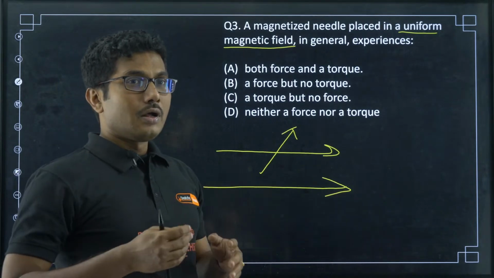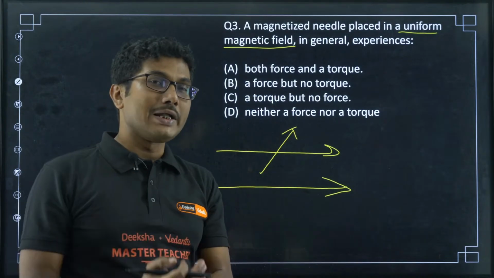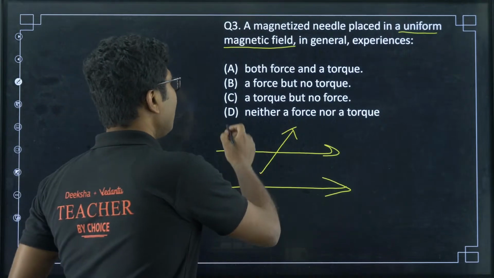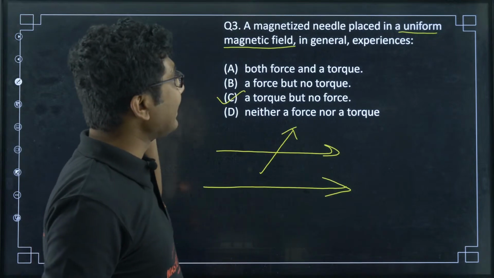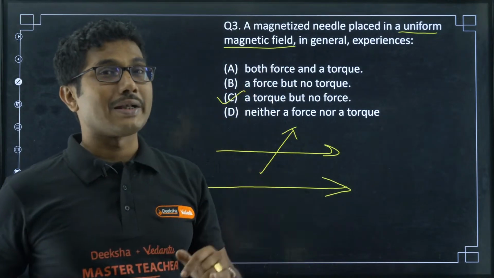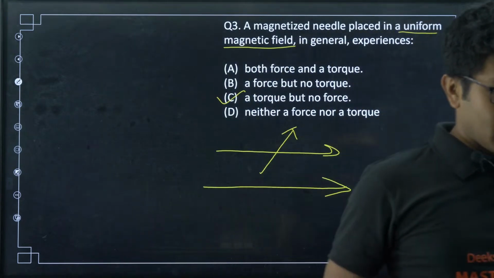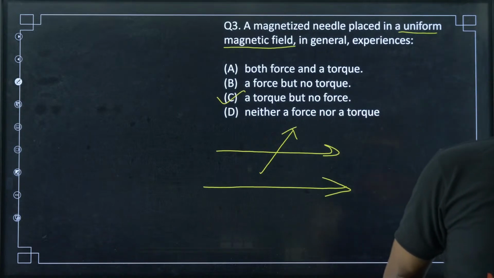If the magnetic field is not uniform, then it will experience both force as well as torque. So be careful. Only a torque but no force. When the magnetic needle is placed in a uniform magnetic field, it will only experience a torque but not any magnetic force. Yes, Varija was right.